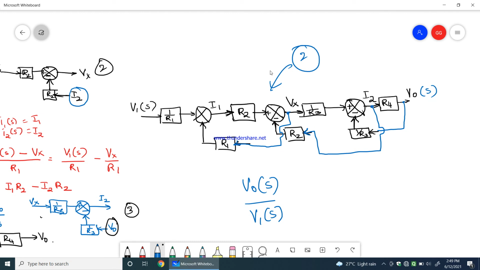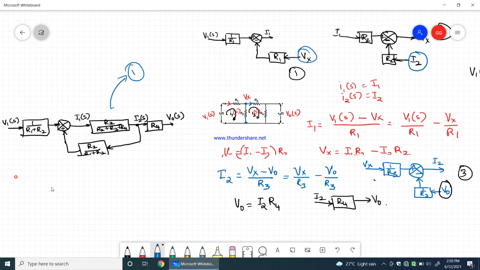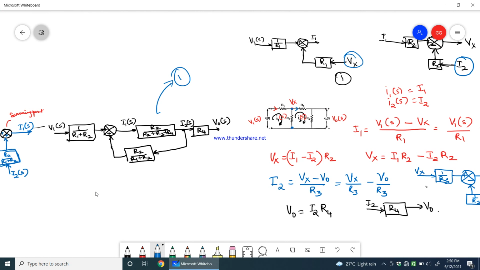The number of block reduction techniques you will apply will be more for block diagram 2, whereas for block diagram 1 it would be much lesser. Therefore block diagram 1 is much easier, and that would be the simplest block diagram that we should write for this particular circuit.